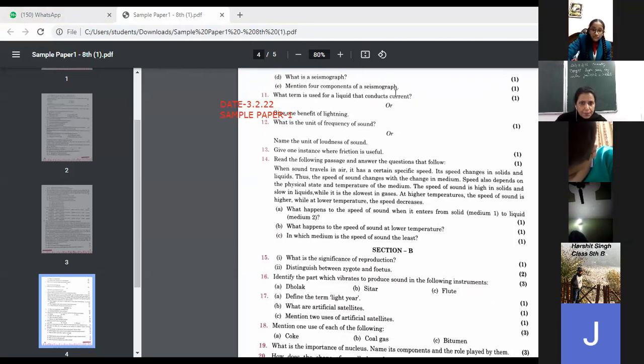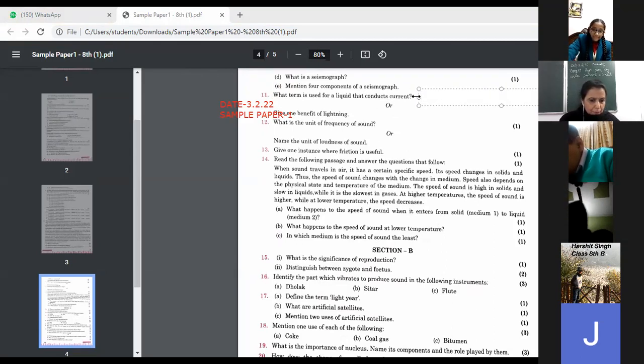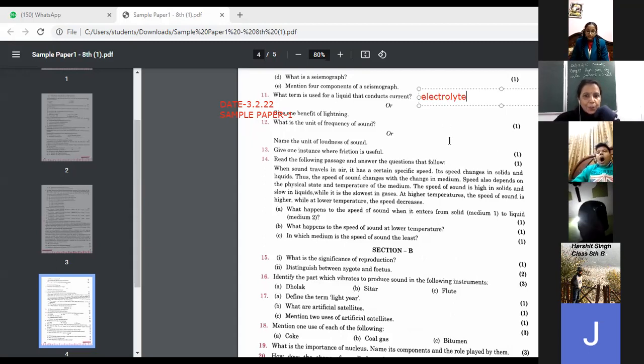Yes, Geet. Ma'am, electrolyte. Yes, electrolyte. You have read in chapter number 14, electrolyte is a liquid which conducts electricity.